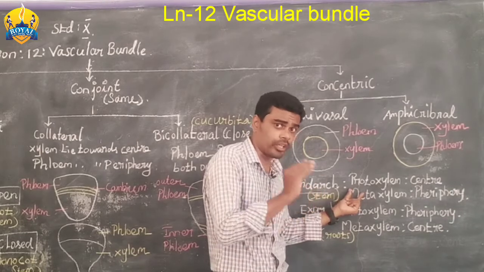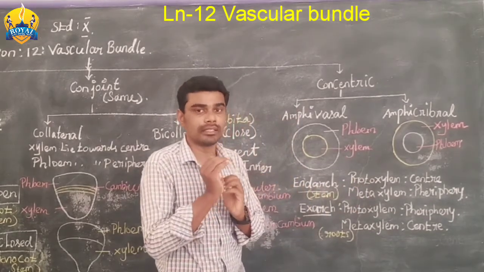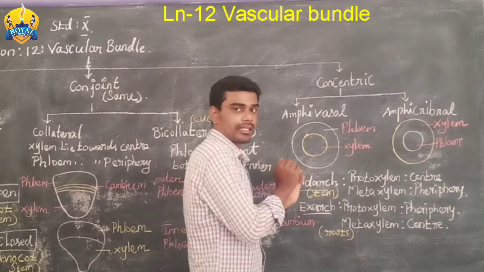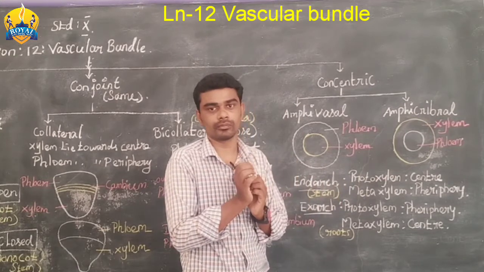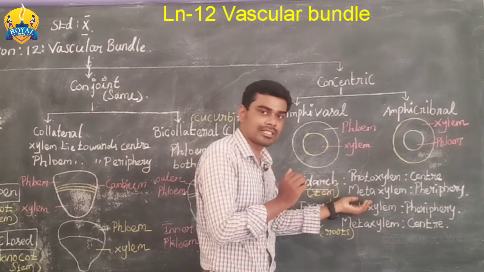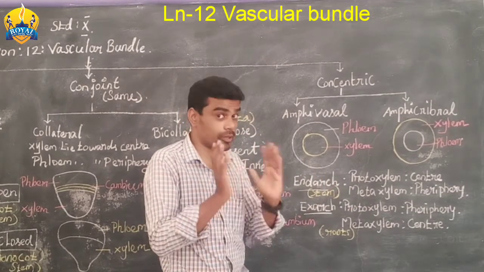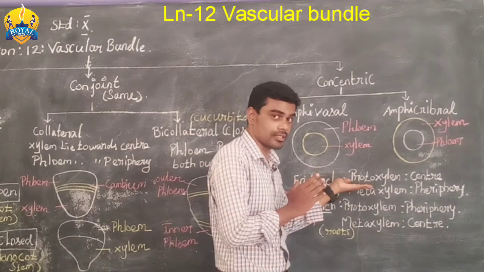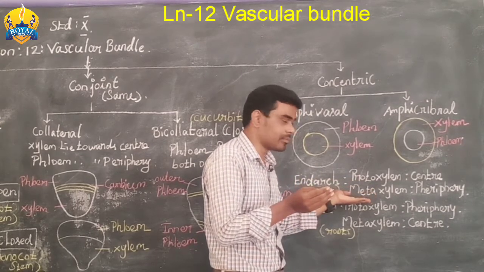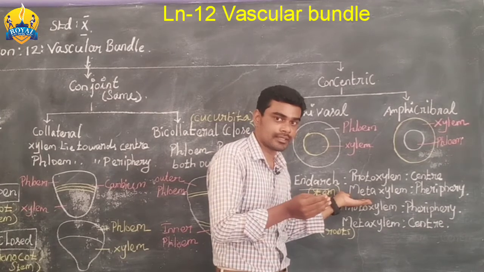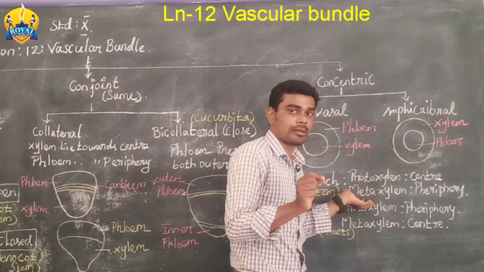What is protoxylem? Pro means growing. Protoxylem means the growing tissue of the xylem. The growing xylems are known as protoxylems. And metaxylem in the sense is the functional xylem. It's a very important thing. Functional xylems are known as metaxylem.